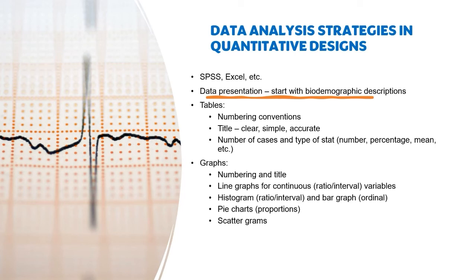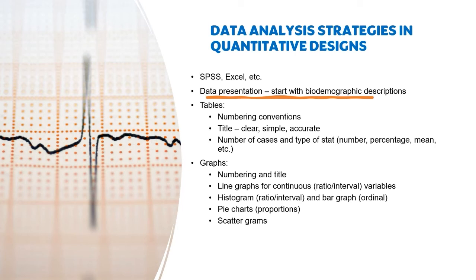Always indicate the number of cases. In other words, this is an analysis of 5,000 households in 2022. Indicate the type of statistic that this is. This is head counts or numbers. These are percentages. These are means or averages, and so on.